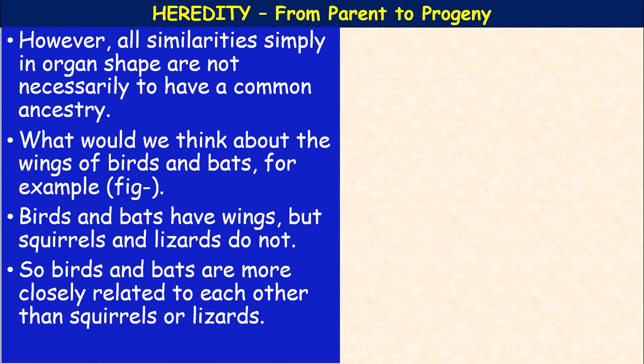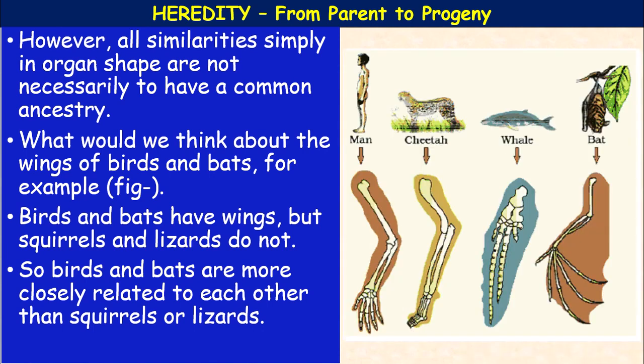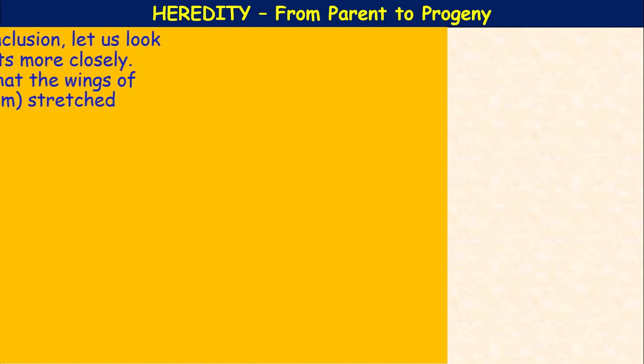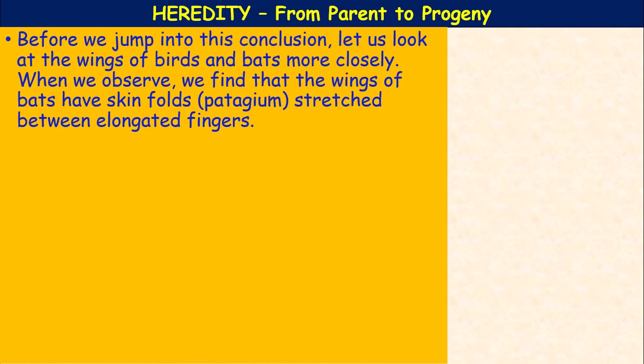So, are the birds and bats more closely related to each other than to squirrel or lizard? No. So, in order to understand this concept, we have to study analogous organs. Before we jump to this conclusion, let us look at the wings of birds and bats more closely.